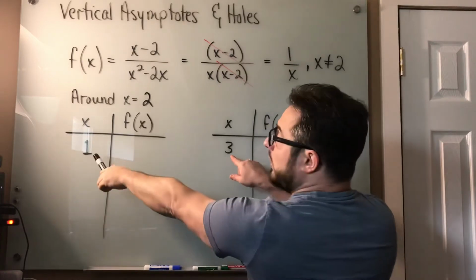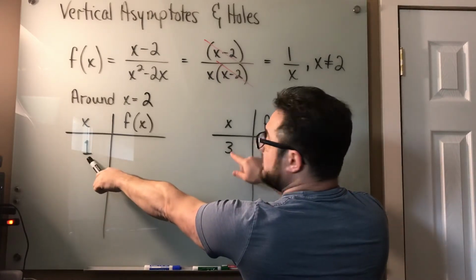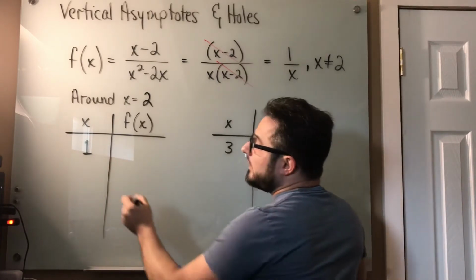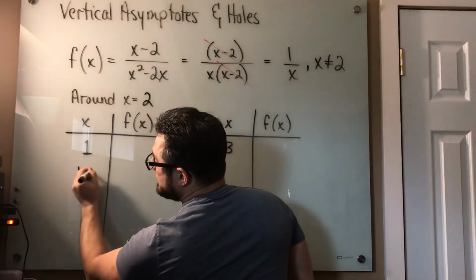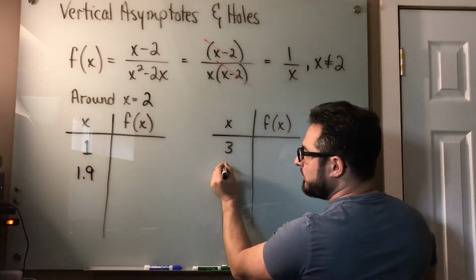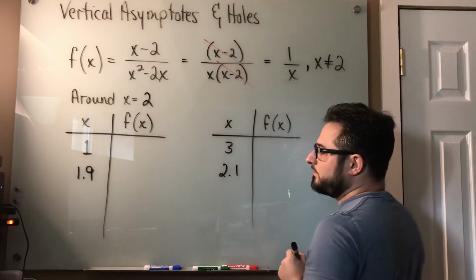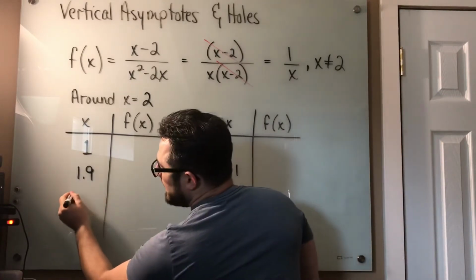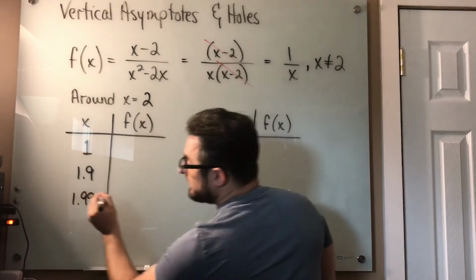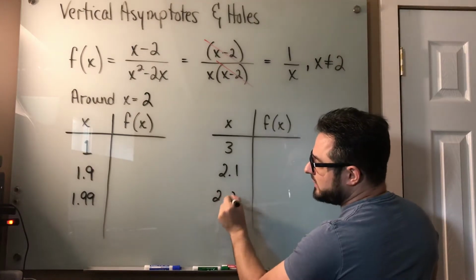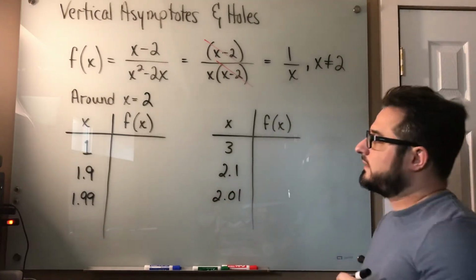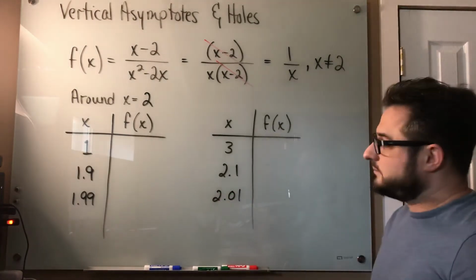So we start one whole number smaller and one whole number bigger. We then have 1/10 smaller and 1/10 bigger. 1/100th smaller and 1/100th bigger, and so on.